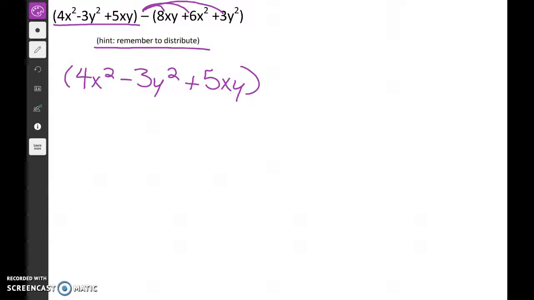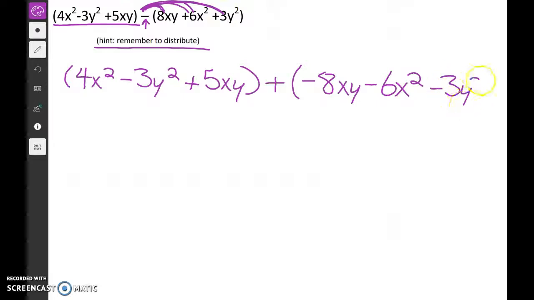Now, when I multiply this negative times a negative, I get a positive. Negative times 8xy is negative 8xy. Negative times 6x squared is negative 6x squared. And then negative times 3y squared is negative 3y squared. Notice how it just changed the sign in each of the parts.